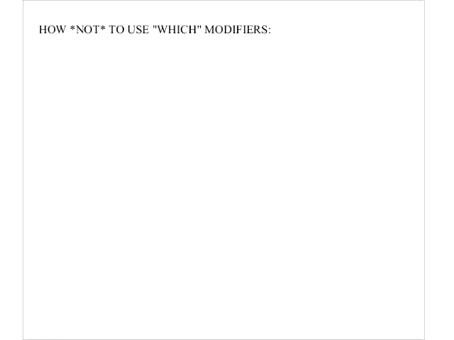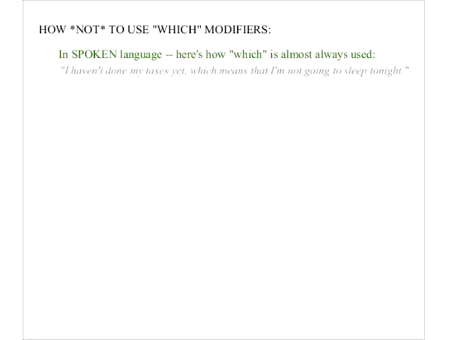Here's how which is almost always used in spoken language. If you have something like this, here's how people talk. They would say something like, I haven't done my taxes yet, which means that I'm not going to sleep tonight. This is the way that native speakers of English talk.